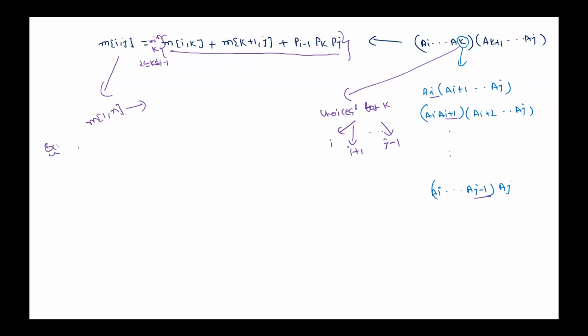Okay, one more example. All of you remember the shortest path problem, no? Does this problem have optimal substructure or not?